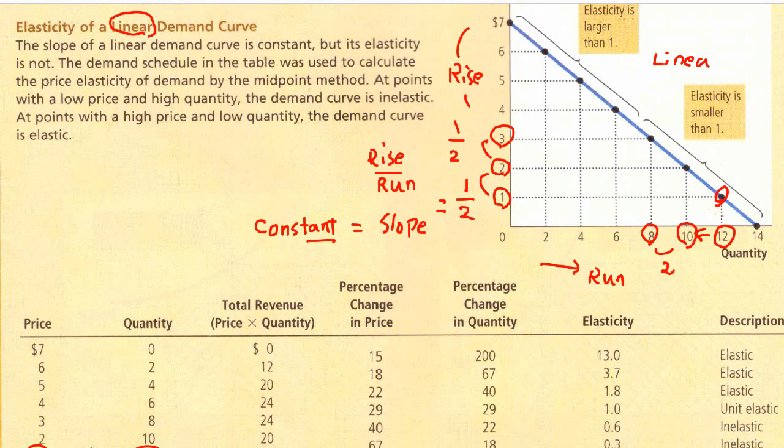Okay, and then look at this one, 20. This one multiplied by this one. Then in this interval, we have the same revenue, right?